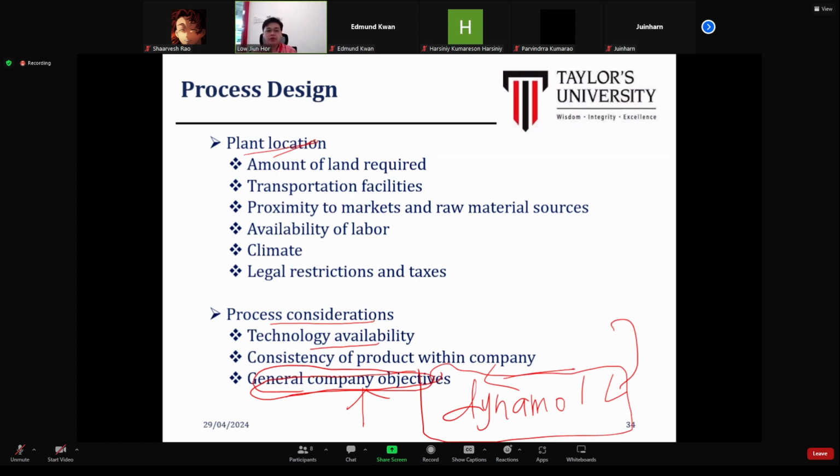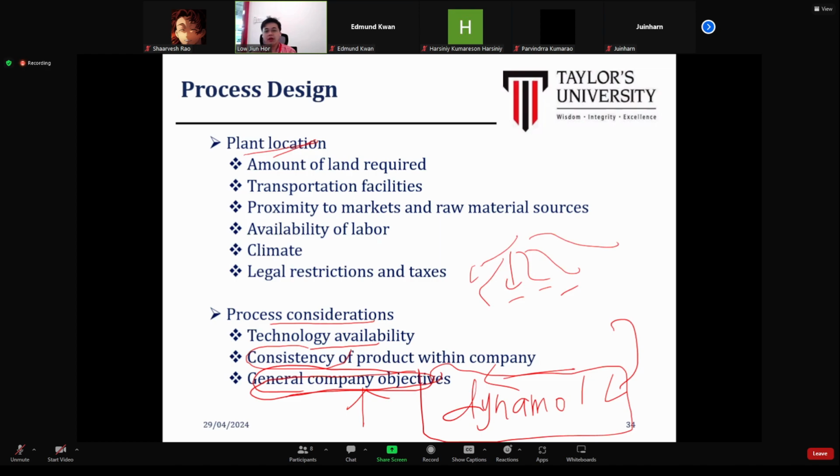Okay, and also consistency of the product. So meaning that if, let's say, in your company you are going to produce food and beverage, you see they produce a lot of different food and beverage, Coca-Cola, Pepsi, 100 plus and so on. But suddenly you pop up, you want to produce a dynamo.